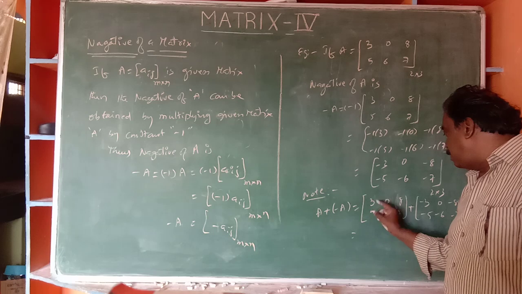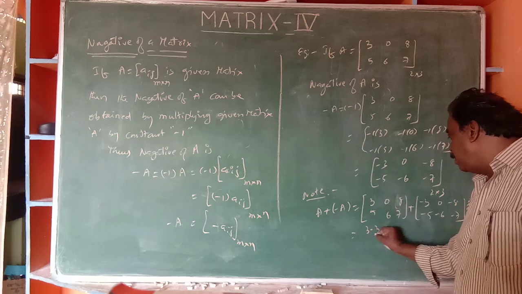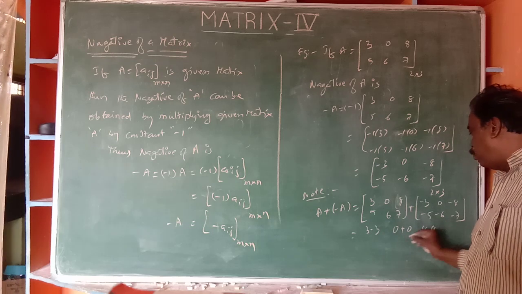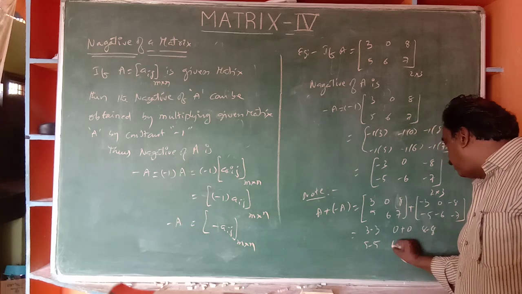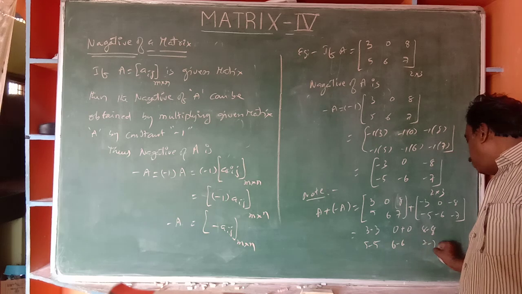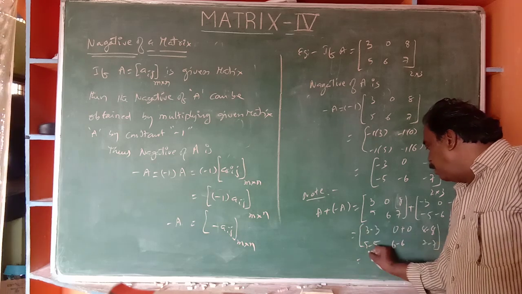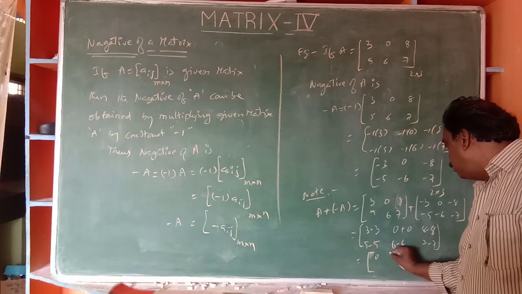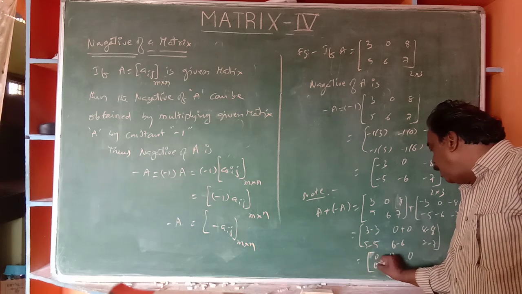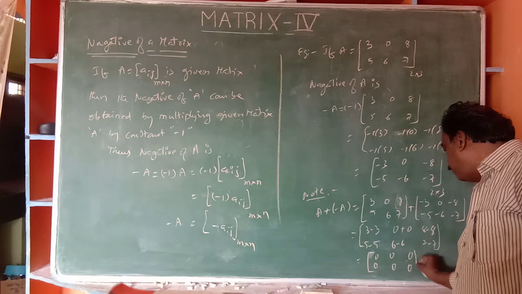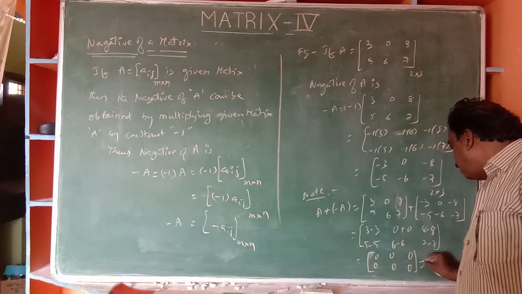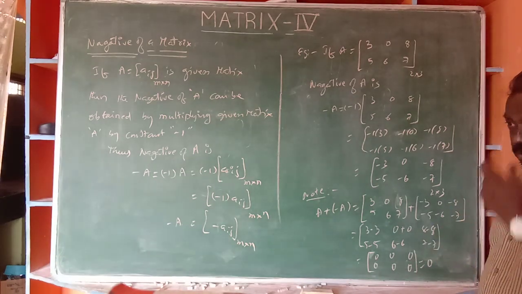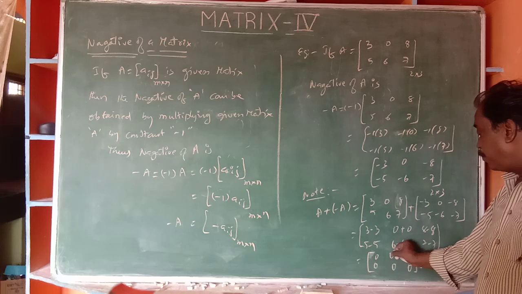Here it is 3 minus 3, 0 plus 0, 8 minus 8, 5 minus 5, 6 minus 6, 7 minus 7. It is 0, 0, 0 and 0, 0, 0. Okay, now it is a null matrix, a zero matrix, because all elements are zeros.